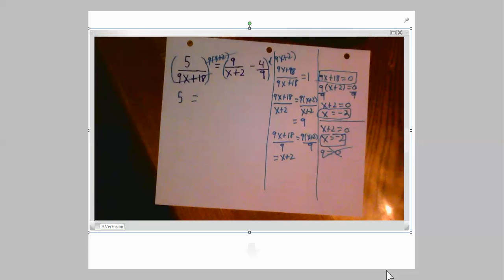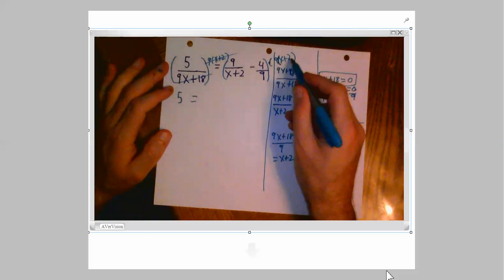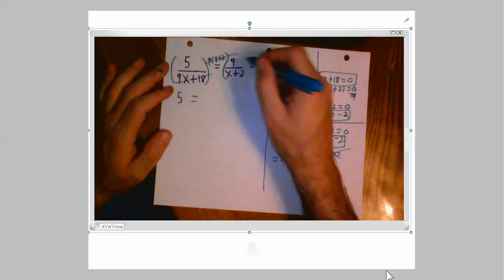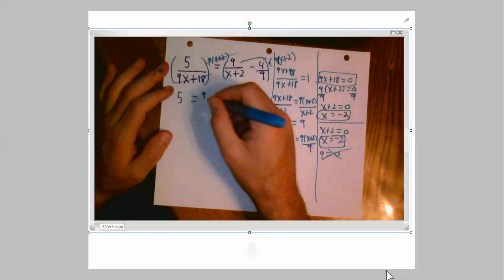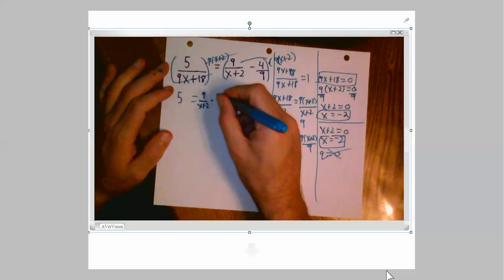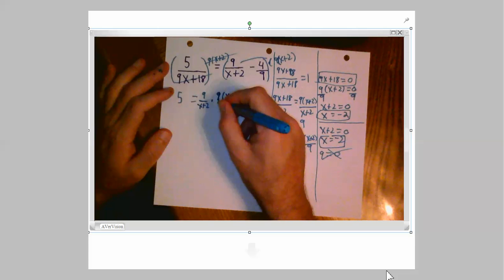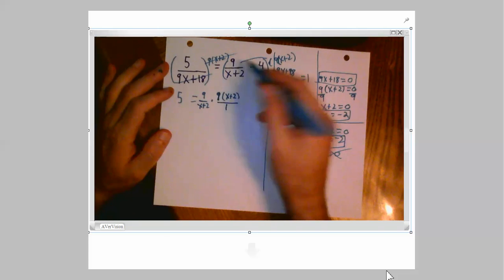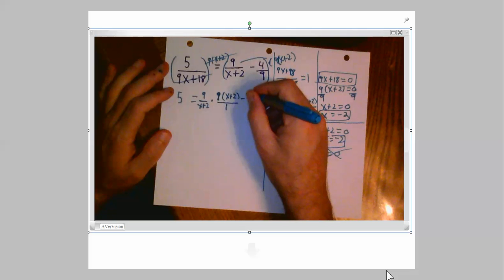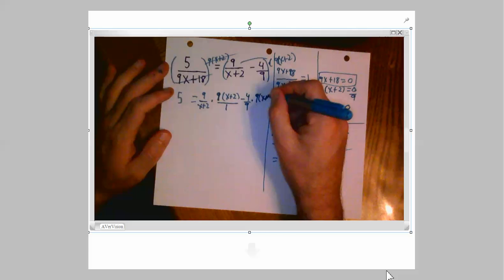Now, 9 times x plus 2, if I distribute that to this term, I get 9 divided by x plus 2 times 9 times x plus 2 all over 1, distributing to the first term, minus 4 over 9 times 9 times x plus 2 all over 1.